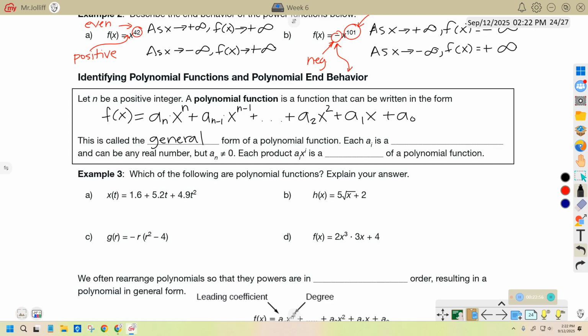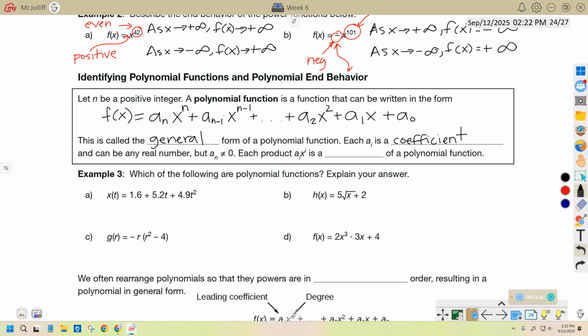All of those a's is a coefficient. We know what coefficients are. And they can be any real number. Positive, negative. They can be 0. They can be decimals. They can be fractions. The only limitation is the coefficient that's in front should not be 0.